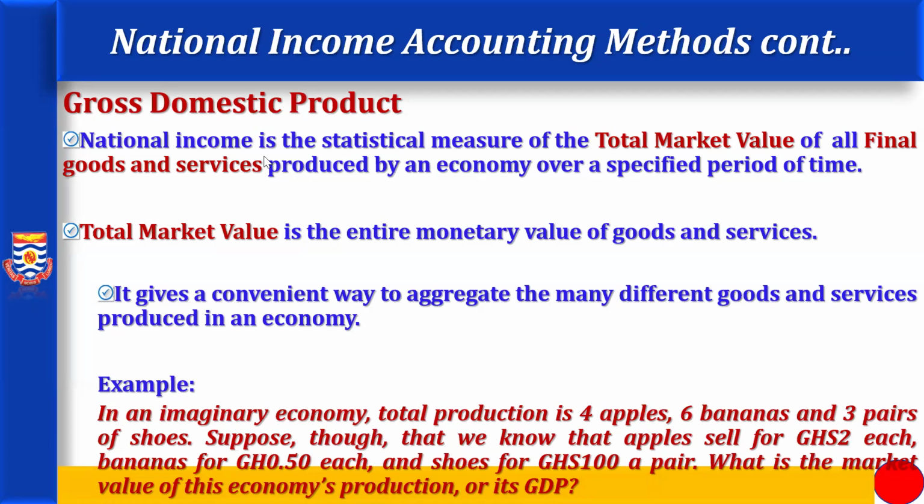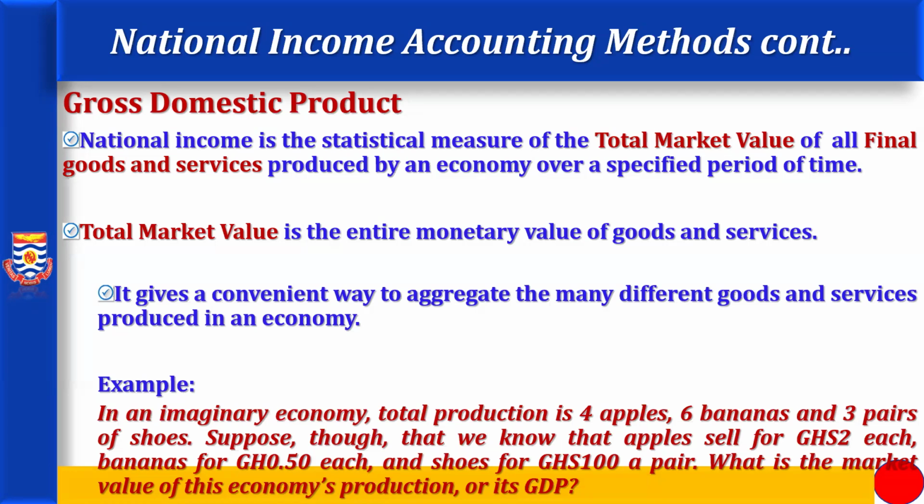If a company produces flour, like the flour that we use to bake bread, okay? So if a company produces flour that we use to bake bread, then the bakery goes to buy the flour from the company and also uses the flour to produce bread and sell the bread.